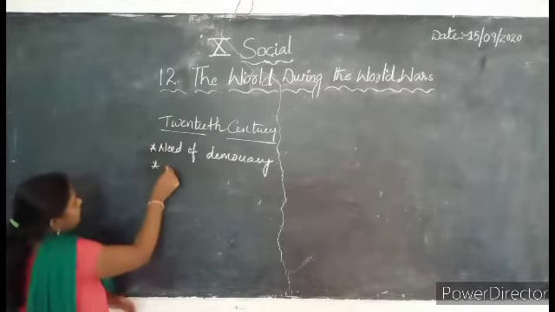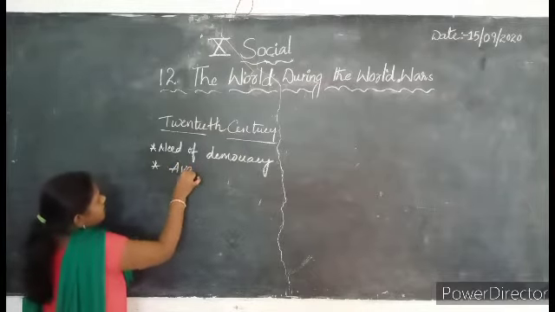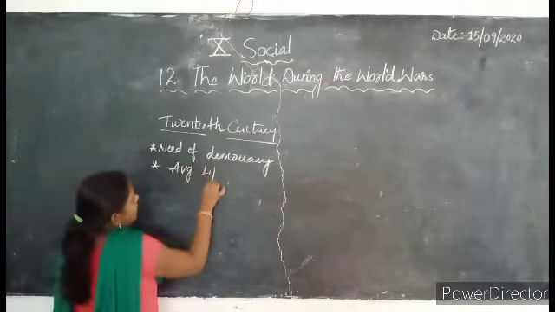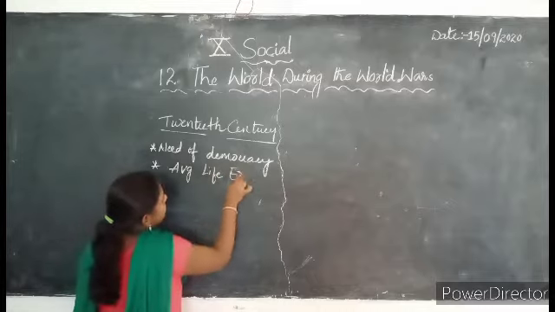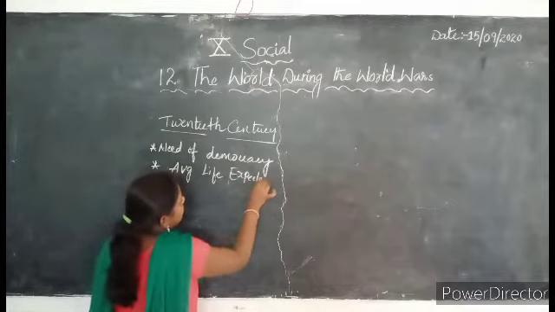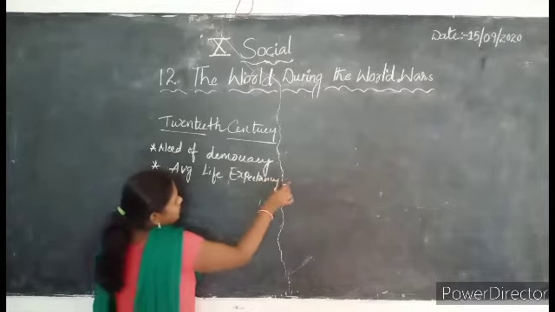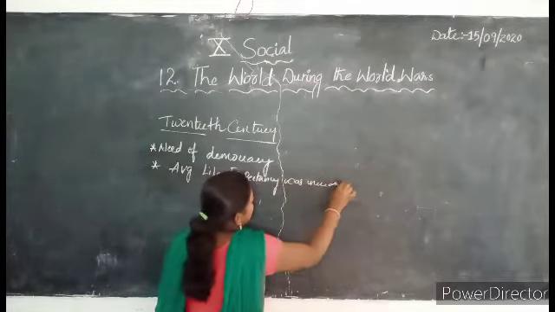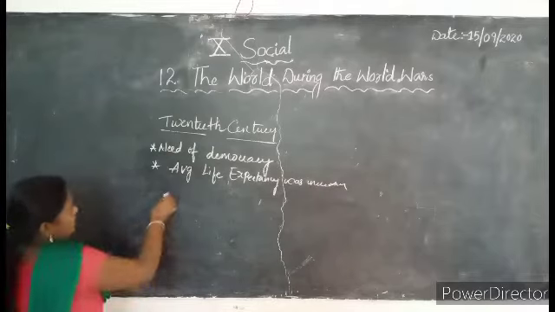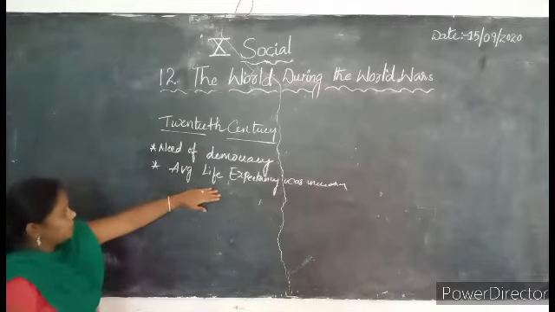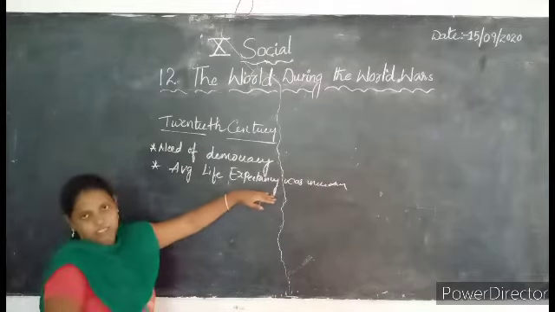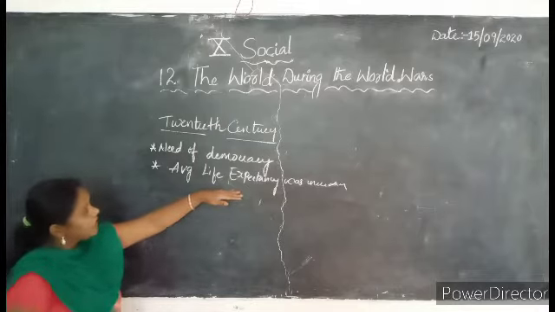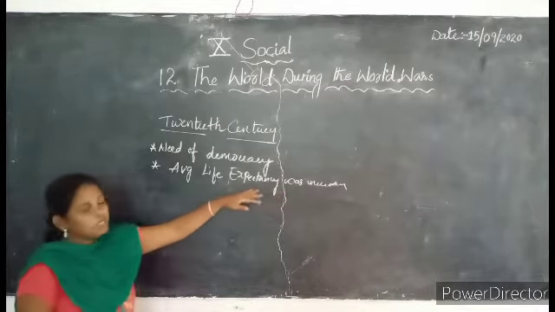Next thing, average life expectancy was increasing. What do we mean by life expectancy? Nothing but the increase in lifespan. Why?